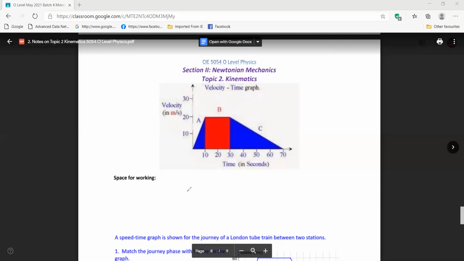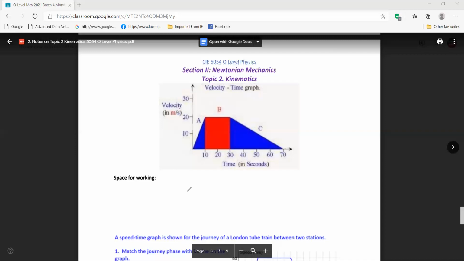How much is it? Distance traveled in part A: 10 plus 20 into 100, which is equal to 15. 15 plus 20 into 20, which is equal to 400, is 415.